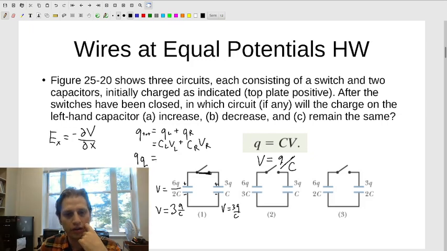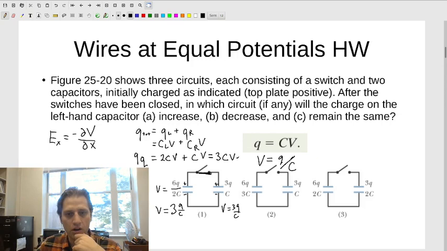And then we can realize that the voltages, once we connect up our capacitors, are going to be the same. We know C on the left and C on the right, so this would be 2C times V plus C times V equals 3C times V. I'm just taking 2CV plus CV.